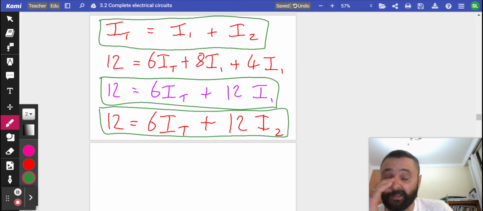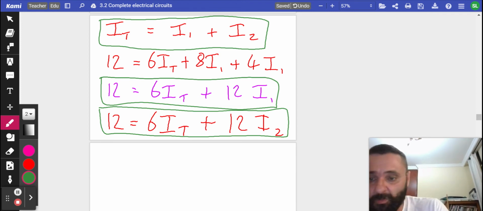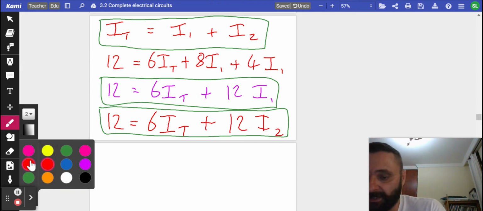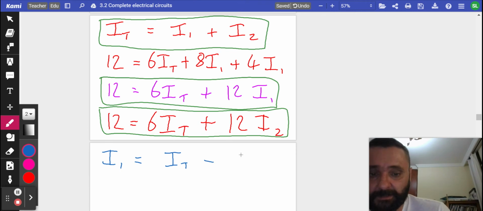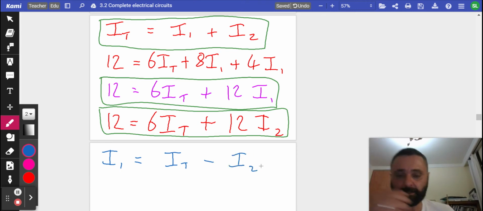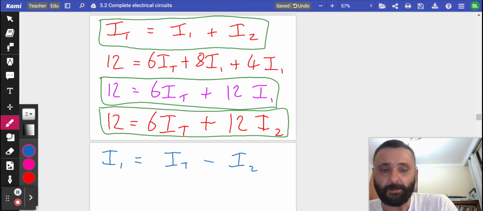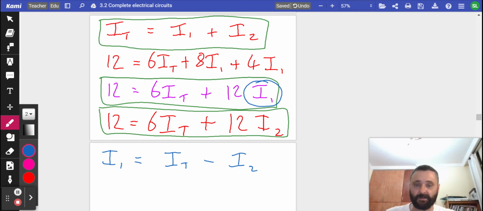But there is a way of solving it. Okay, let's take the top one and make I1 the subject. So I1 is equal to IT minus I2. Okay? Now what I'm going to do here, I'm going to replace this fella with IT minus I2.